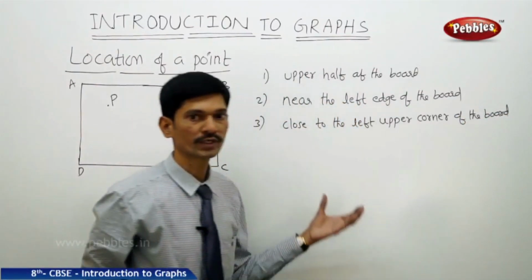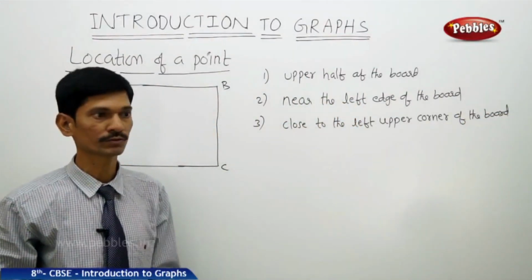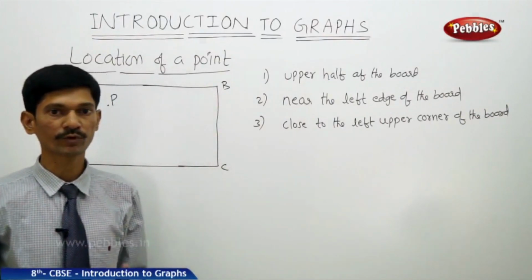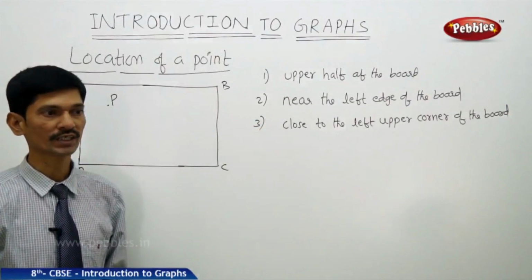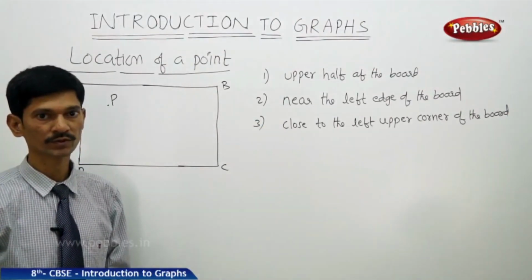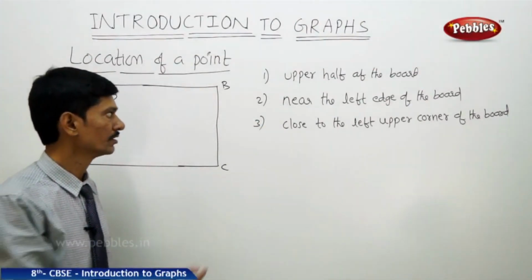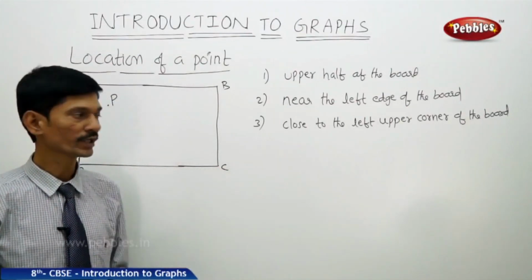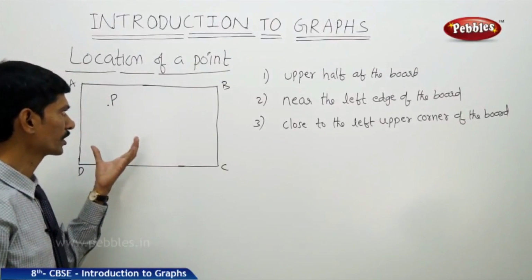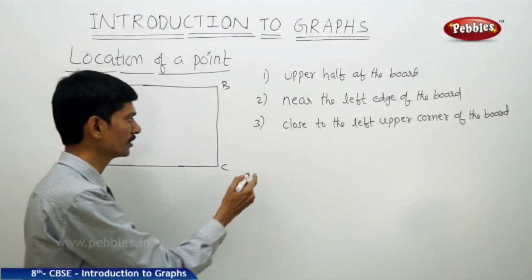So the different students give different responses to describe the location of the point. Now let us see which of these statements give the exact location of the point. We cannot say, because one student is responding in one way, but we cannot describe the exact location of the point.